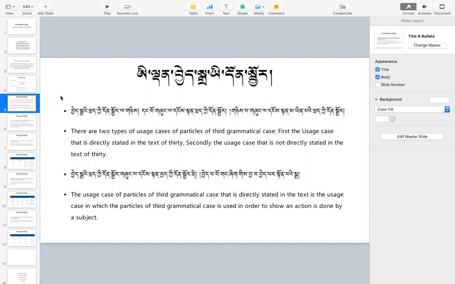First, the usage case that is directly stated in the text of 30, which we read right now, is of the subject case. So the subject case is stated directly in the text. So both in the commentary that we're reading, as well as the source text that is of the 30, the usage of these particles as the subject case is stated directly in the text.